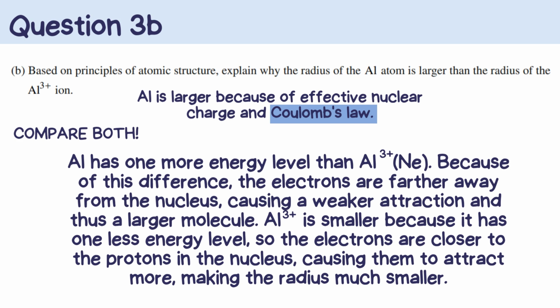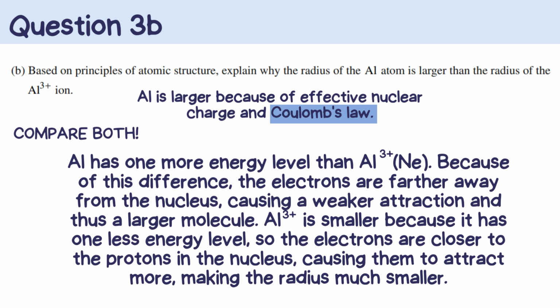Now, to justify using Coulomb's law, remember that the aluminum atom has one more energy shell than aluminum 3 plus or neon, and because of this difference, the electrons in aluminum are farther away from the nucleus, which causes a weaker attraction and thus a larger atom. And a quick tip when doing comparisons like this one is that the College Board actually wants you to compare both species.